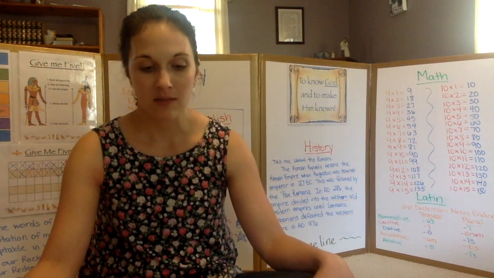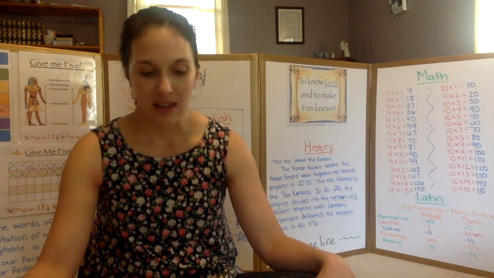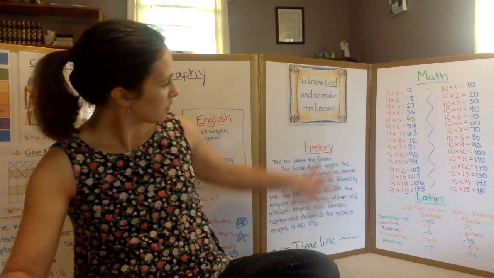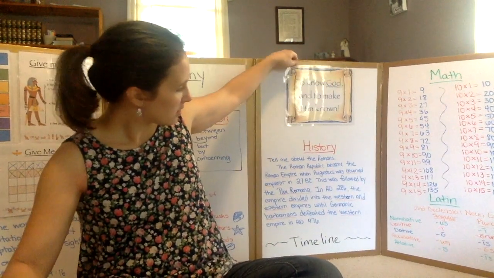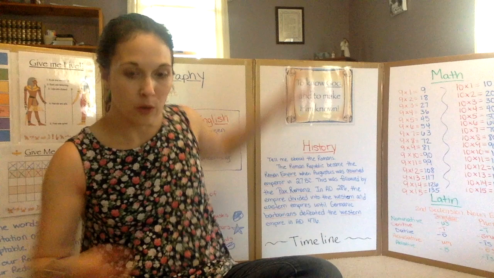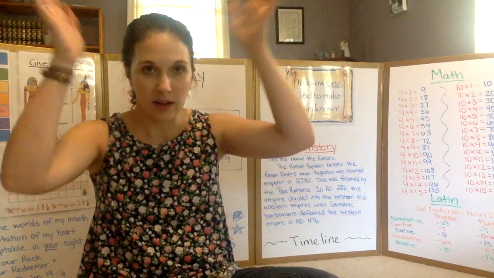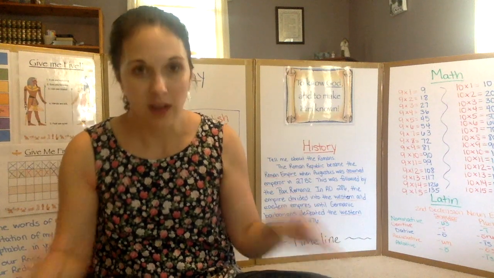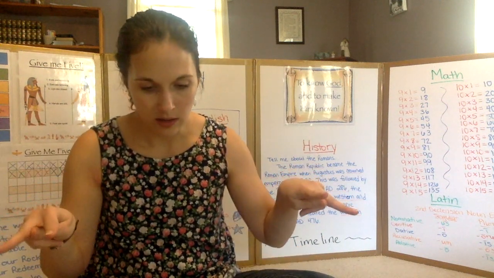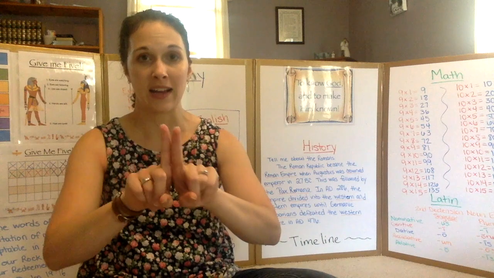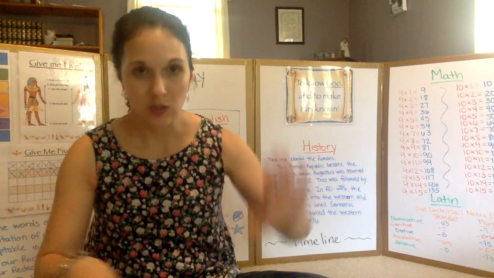For history, tell me about the Romans. And I wrote it out with some key words underlined. I underlined Roman Republic, Empire, Augustus was crowned emperor, Pax Romana is a key word, Empire divided into Western and Eastern.